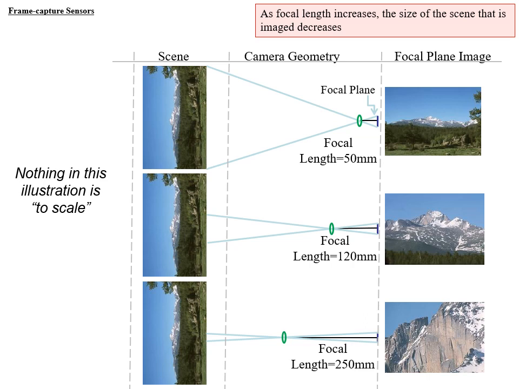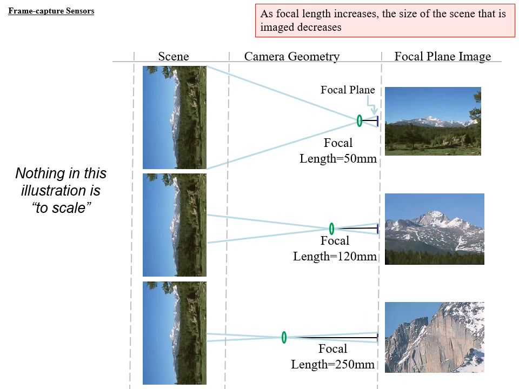These diagrams give you an idea of how changing focal length changes the images that you're going to be looking at. Nothing here is really to scale. So you imagine that you're looking down at the camera, and then you're looking at the focal plane image, which is sort of looking at the focal plane from the vantage point of the lens.